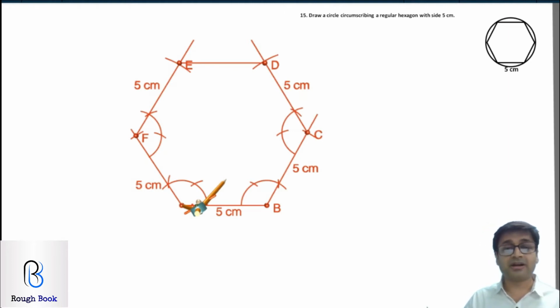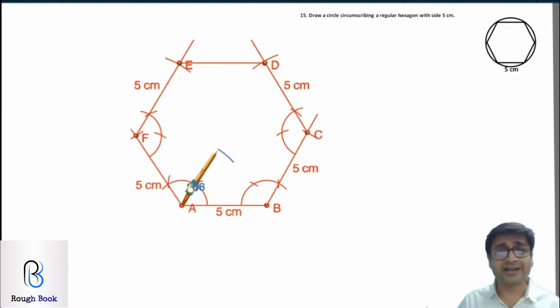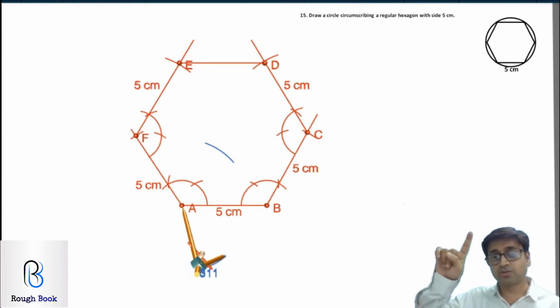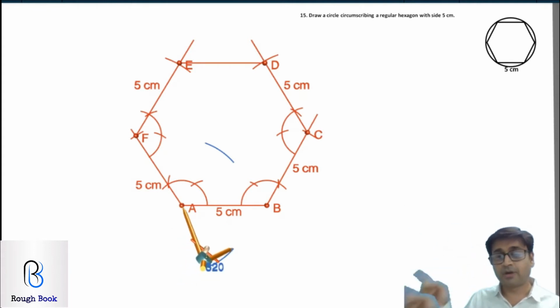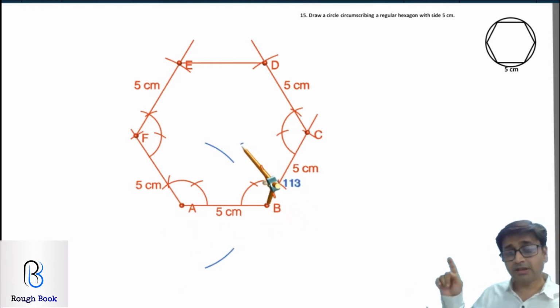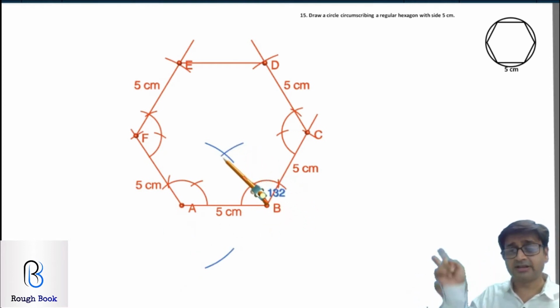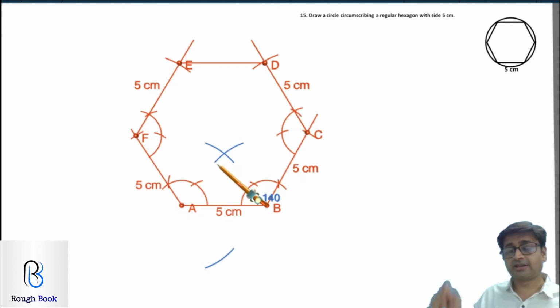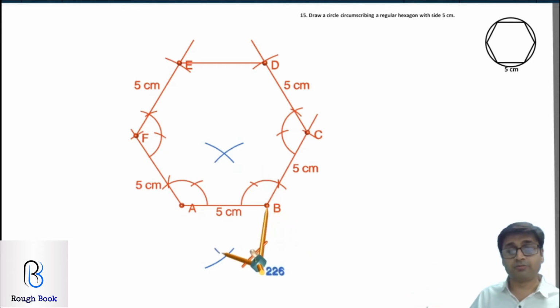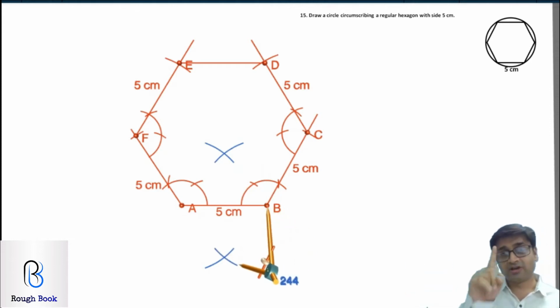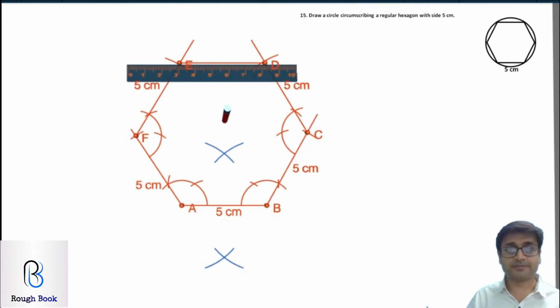Now that we've got our hexagon, we need the bisectors to get the circumcircle. So for the bisector of AB, keeping the compass on A, suitable radius, one arc on top like that and one arc at the bottom like that. And keep on B without changing the radius, one arc on top and one arc at the bottom. When you join both these points, you'll get the first side bisector.